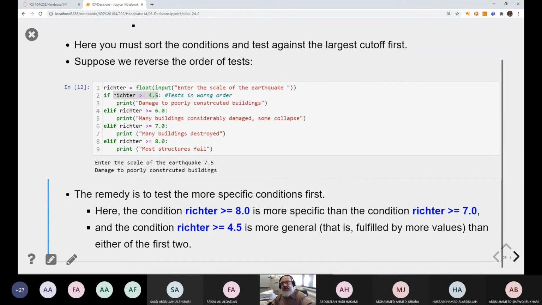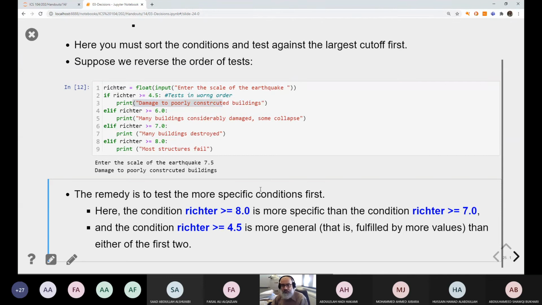Of course, now it's greater than or equal to 4.5 and less than 6, one category. So I can fix this by changing the greater than or equal to, changing to less than. Of course, I also need to change the first print statement, it will be no damage. It will be the other way around. It will be no damage.